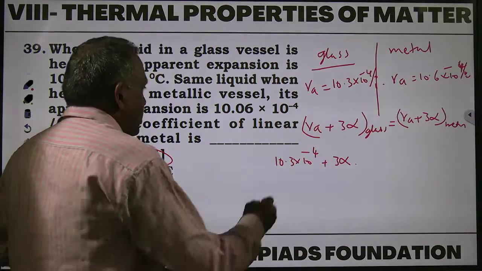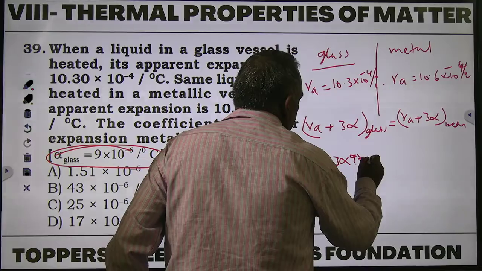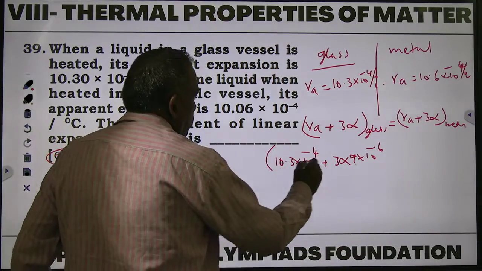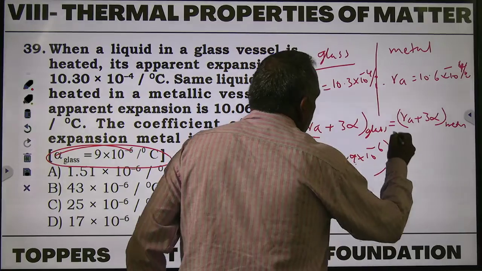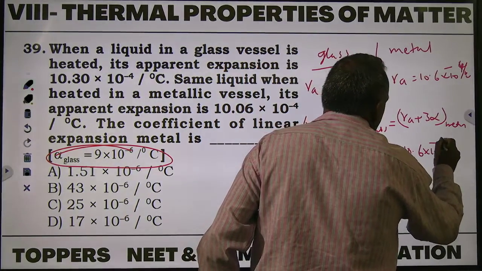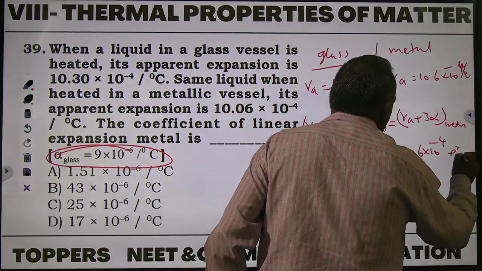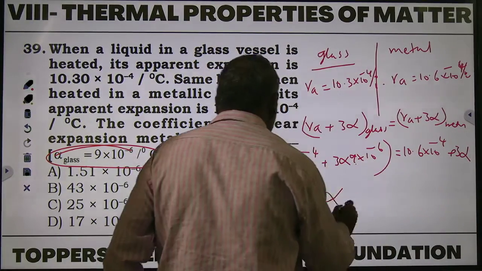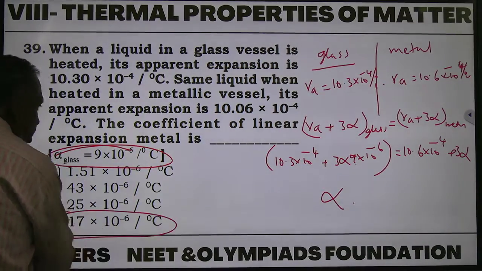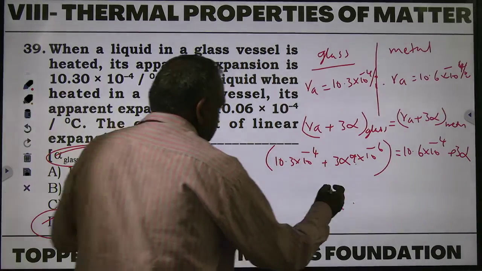Alpha of the glass is 9 into 10 power minus 6. That equals gamma A, that is 10.6 into 10 power minus 4, plus 3 alpha. You solve this.